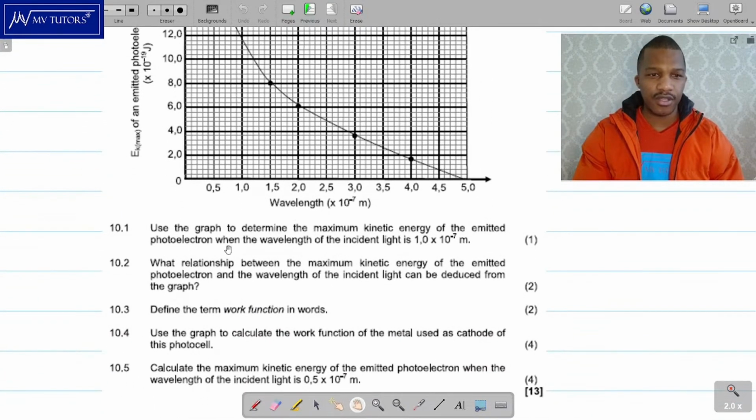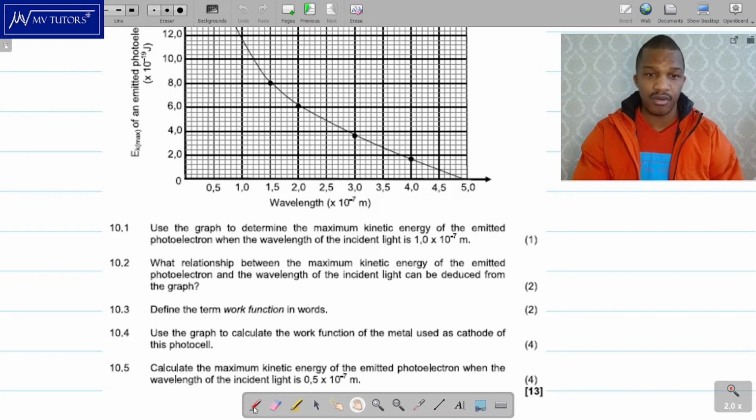Now it says, use the graph to determine the maximum kinetic energy of the emitted photoelectron when the wavelength of the incident light is 1 times 10 to the power -7.